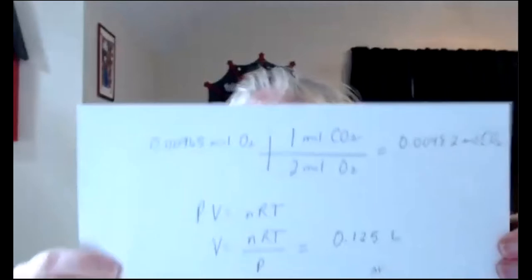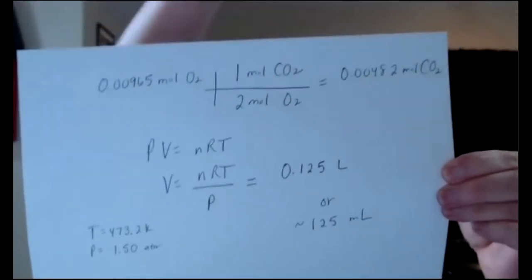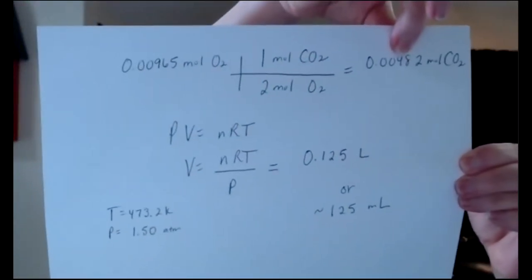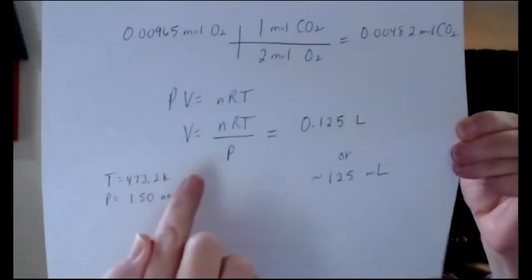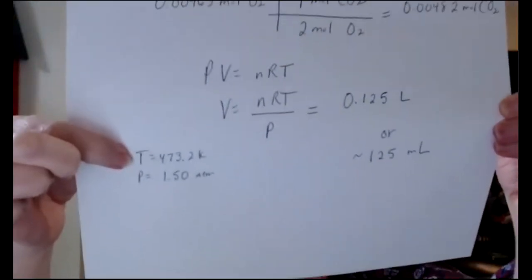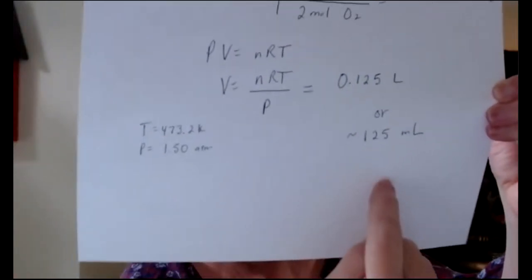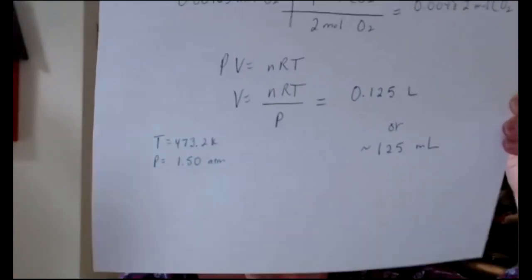So watch what I'm going to do now. I simply use my mole ratio, moles of CO2. I plug back into PV equals nRT, same conditions, and like magic, I get the volume again, the same one. So you have a choice, guys. You can do it.